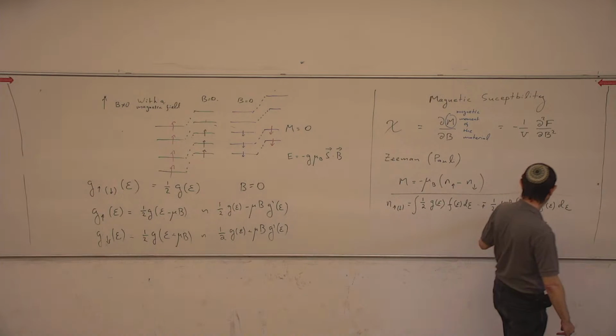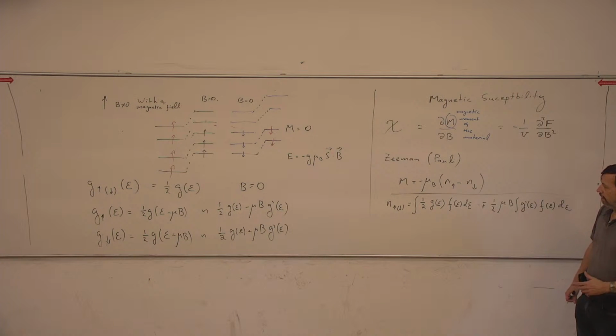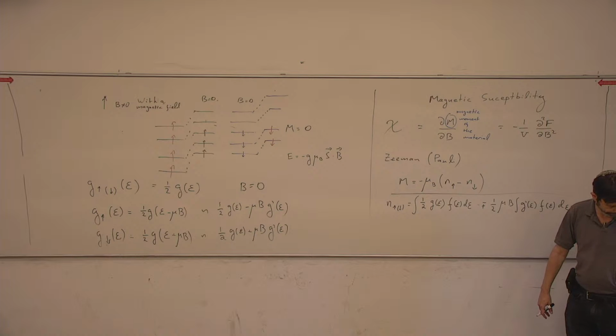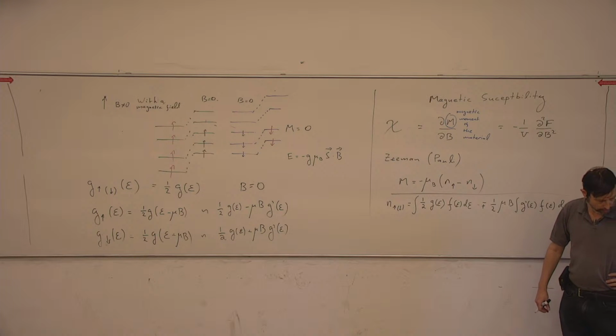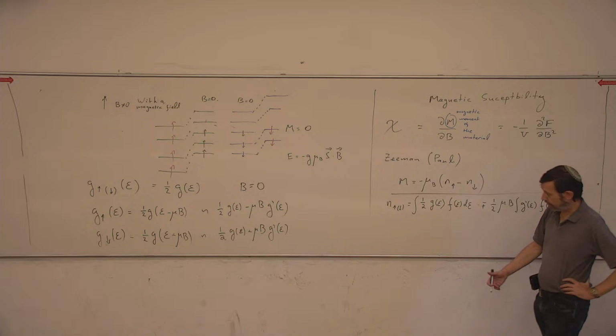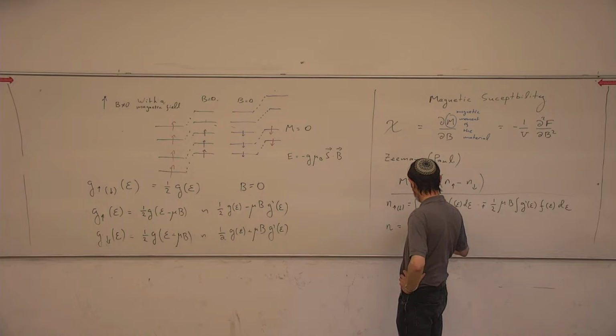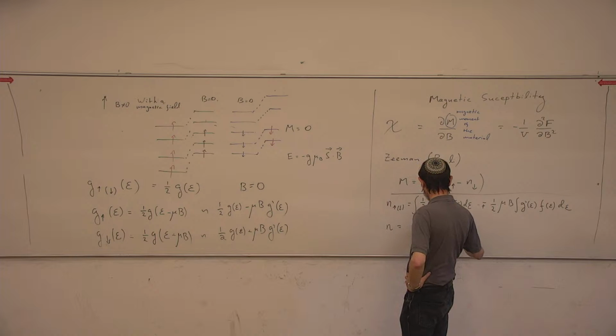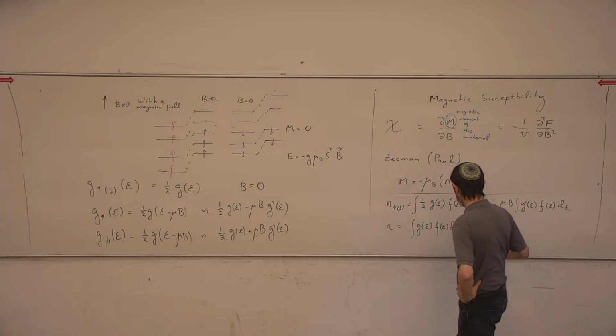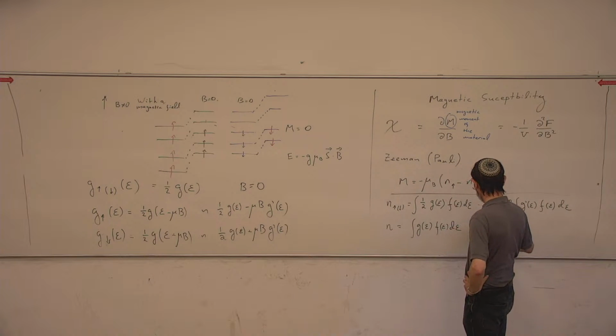Now, in order to determine mu, of course, I need that the number of electrons for mu.